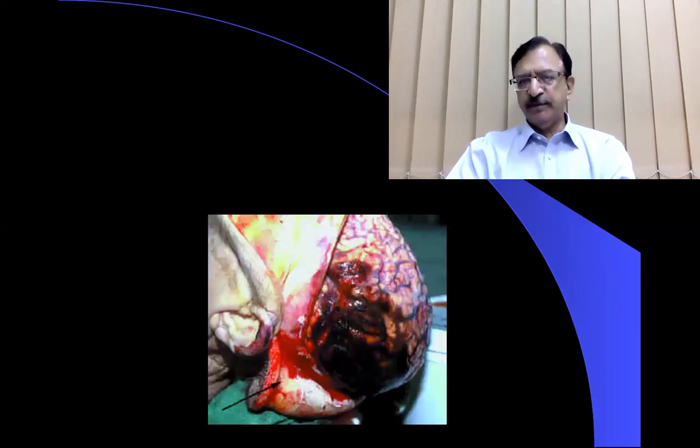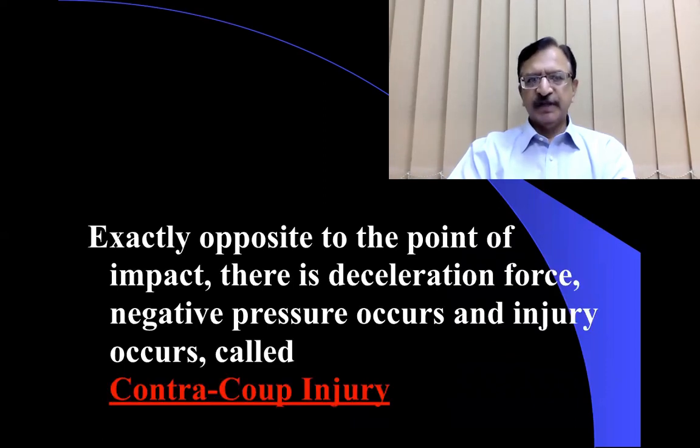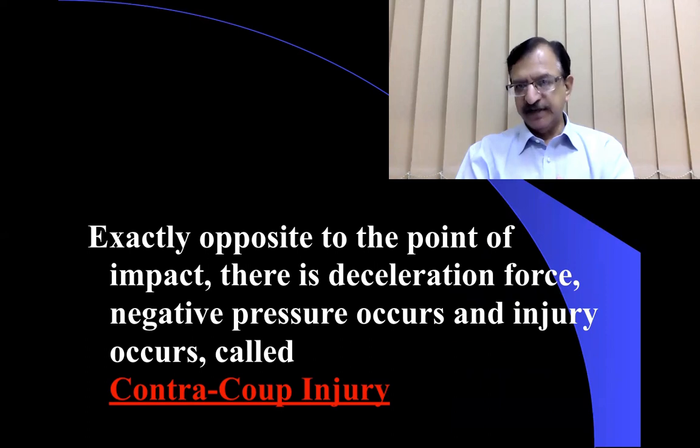This is the point of impact where there is maximum concentration of the brain matter, and it will cause laceration and bruise formation. Exactly opposite to the point of impact, there is negative force, deceleration, and there is avulsion of the brain attachment from the negative area, opposite to the skull point of impact.